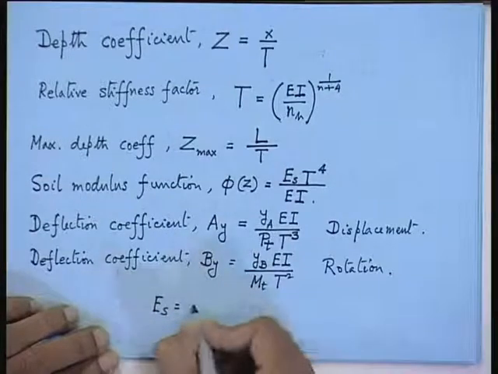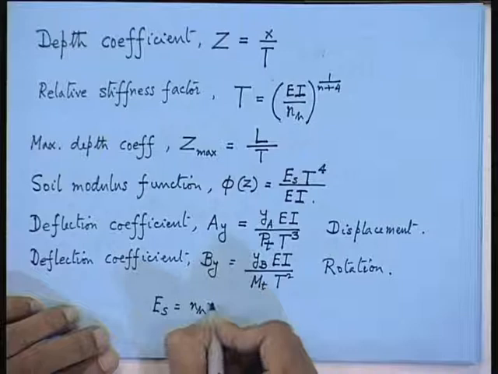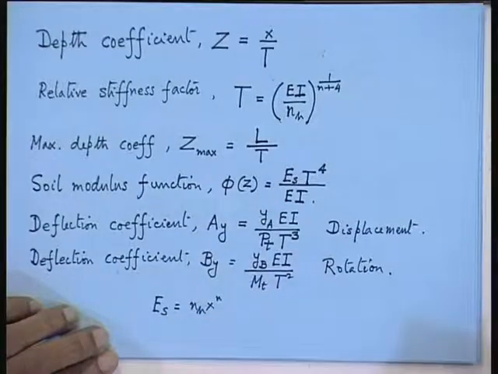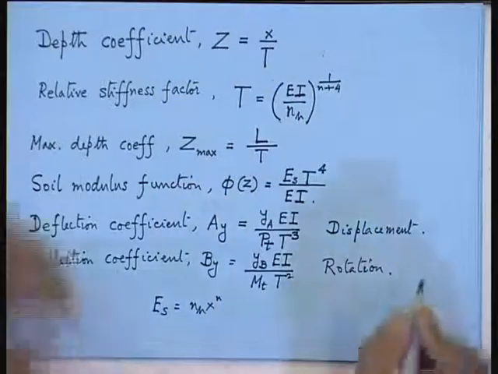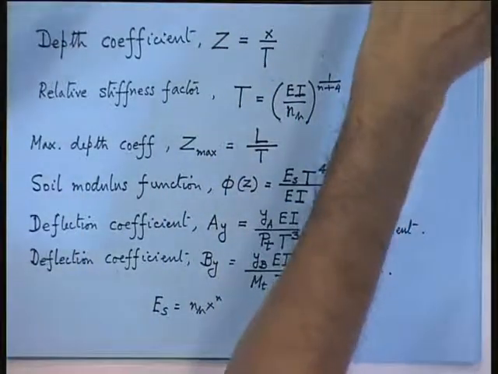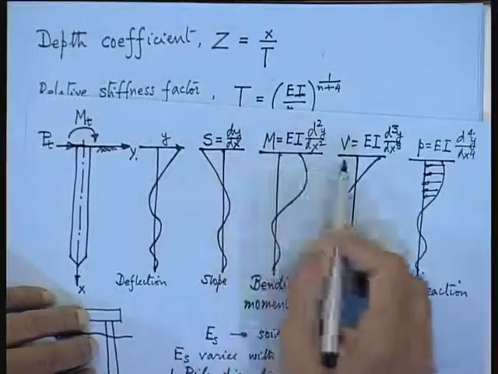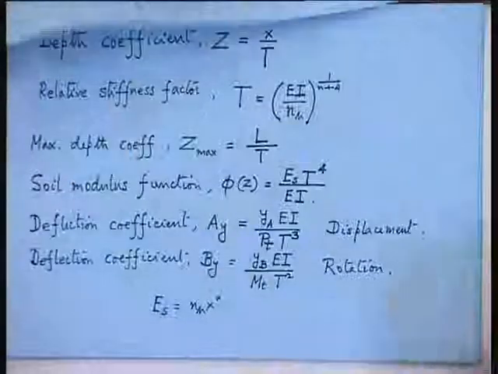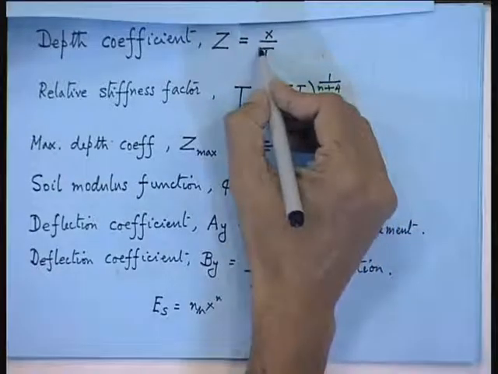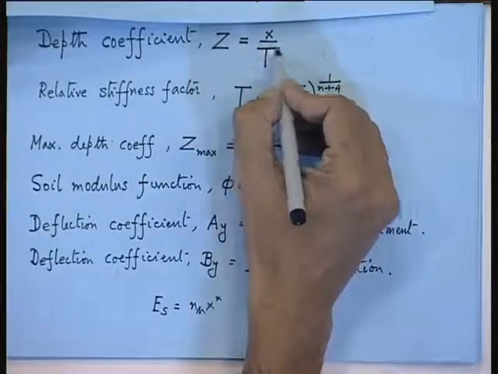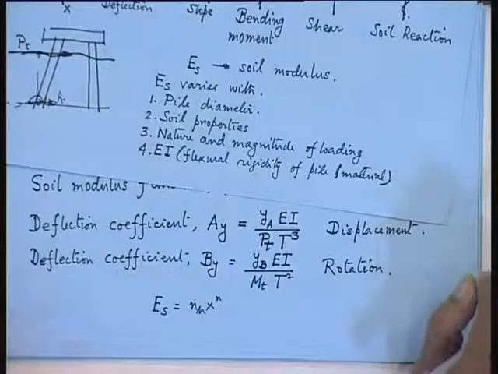So, this is your NH x to the power n. Now, the main exercise will be you calculate these values, this Y, S, M, V and P from these non-dimensional parameters. Then your job is complete.